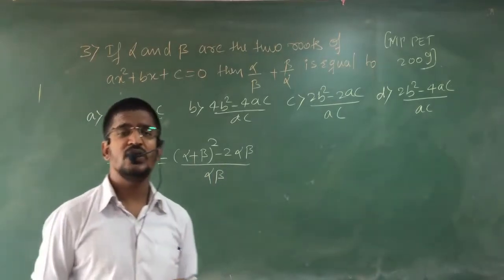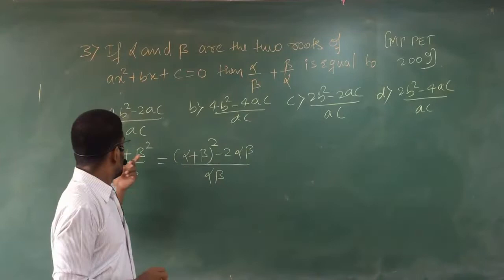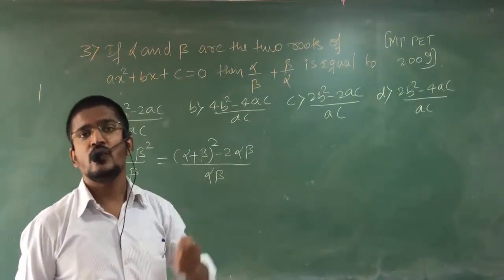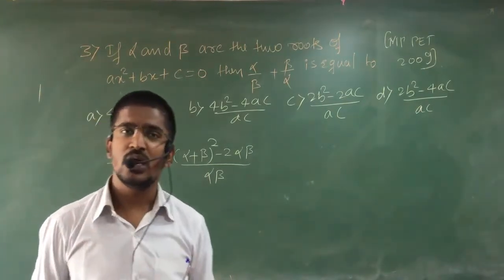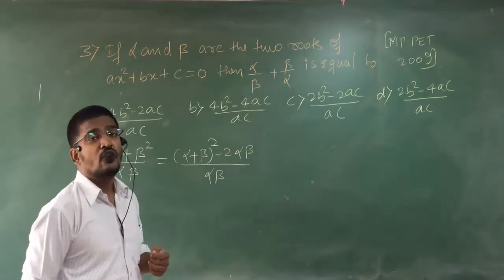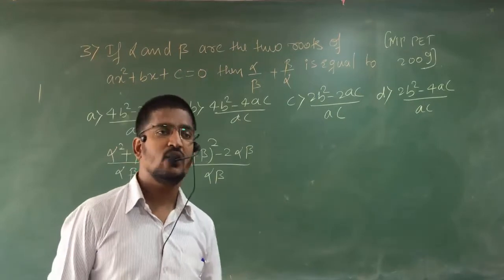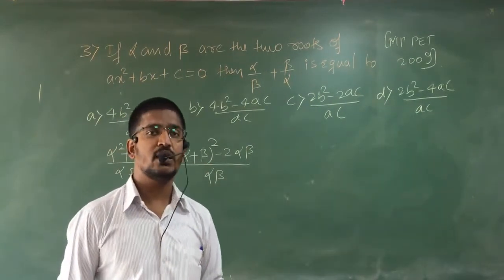I am solving by skipping the steps. I am not writing each and everything. Alpha square plus beta square will be present in the form of a plus b whole square. We all know that a plus b whole square is a square plus b square plus 2ab. So only the extra term will be there, 2 times alpha beta. So to cancel that, I will write minus 2 times alpha beta.